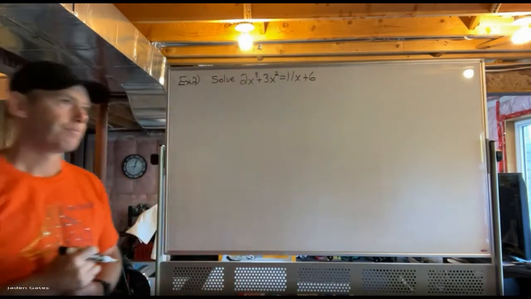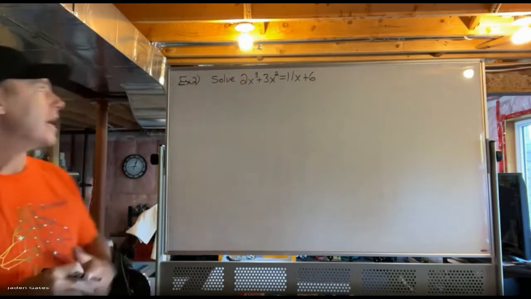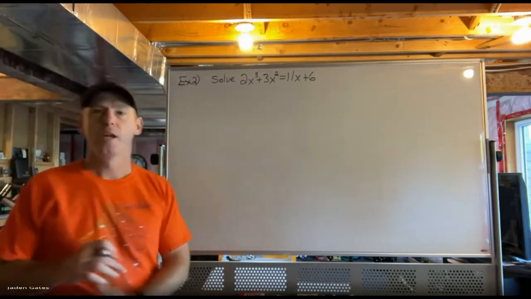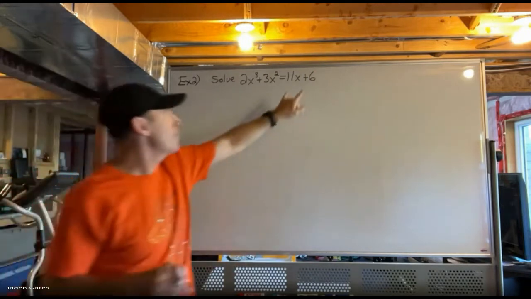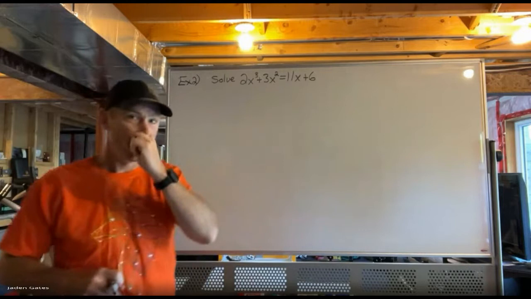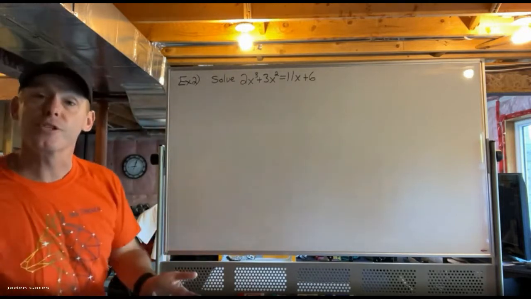All right. Now, again, the first thing we have to do is, I can't even try to factor this yet because I don't have a 0 on one side of the equation. So I'm going to move this 11x and this 6 over to the other side so that there's nothing on the right-hand side. There's a 0.